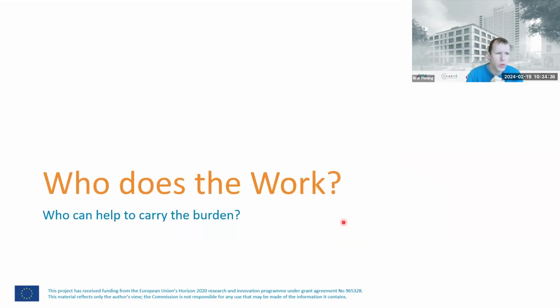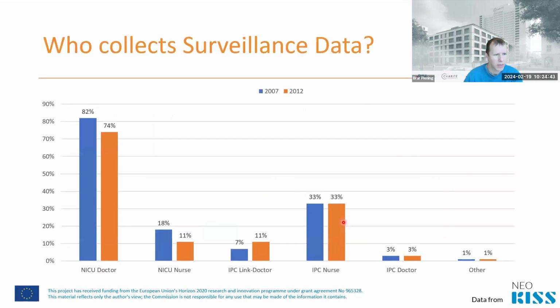So who does the work? Who does the surveillance data collection typically? In Germany, we have a lot of NICU doctors actually doing data collection, but also NICU nurses, also IPC-linked doctors. So this is also a NICU doctor, but a link to the IPC team, an IPC nurse. So this is dedicated staff, at least in Germany, who have IPC as a routine job, and the same is true for IPC doctors.